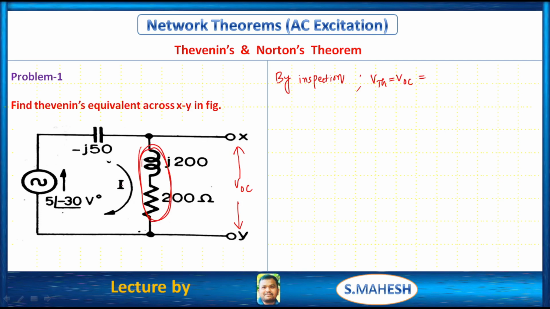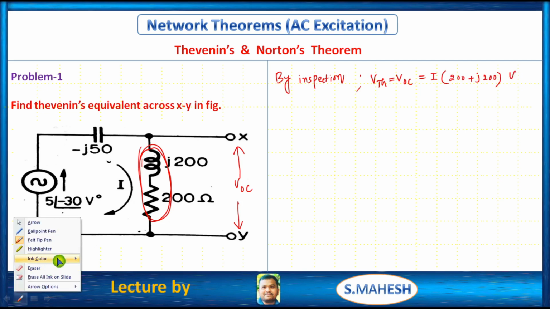So the total voltage across X and Y is I times Z. For example, Z is some value of impedance, 200 plus J200. That's it.